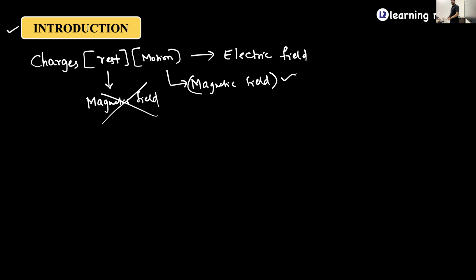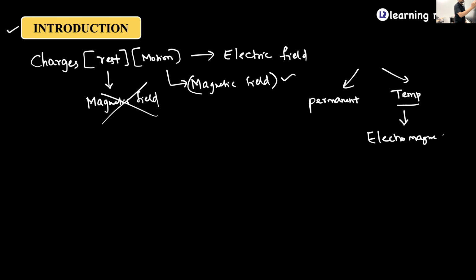Based on this, there can be two types of magnetism: one is permanent and the second is temporary. Temporary magnets are generated due to electricity. Since electricity is used to generate magnetism, these kinds of temporary magnets are called electromagnets.